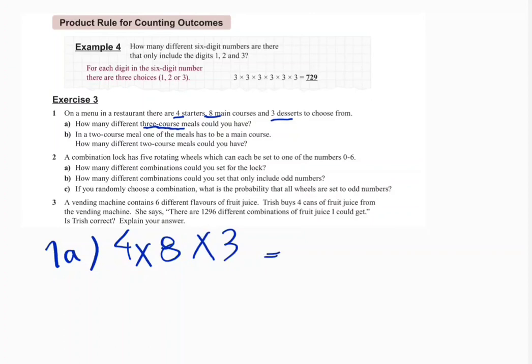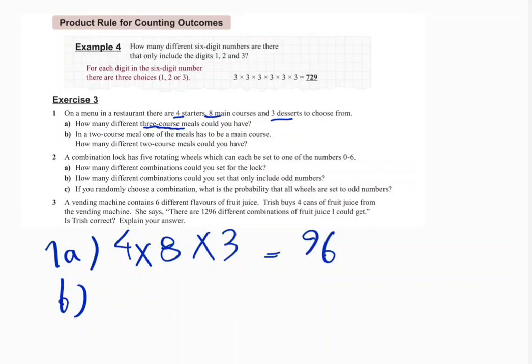If we work this out, the answer is the total number of combinations we can have, and it's going to be 96. So in total we can have 96 different 3-course meals.